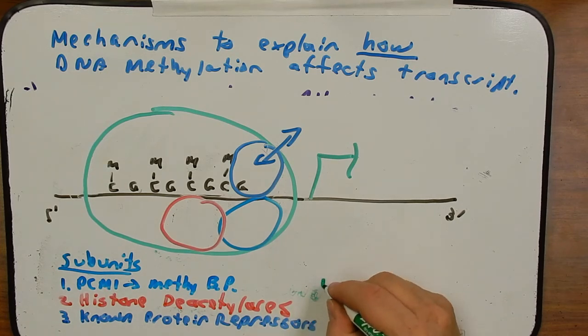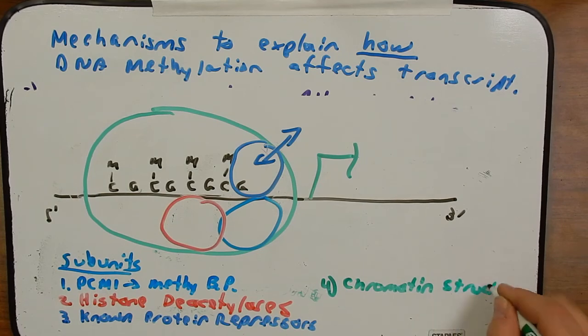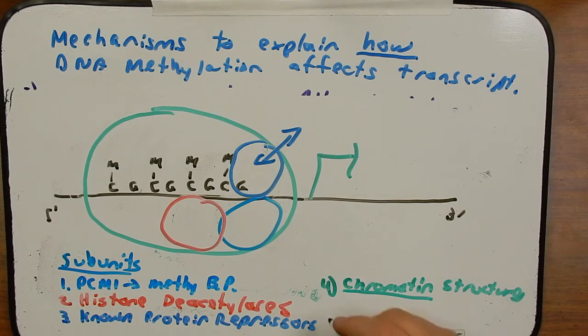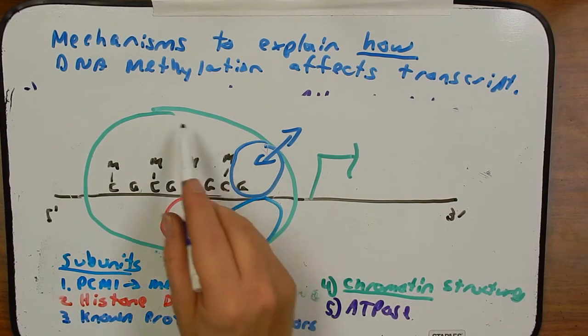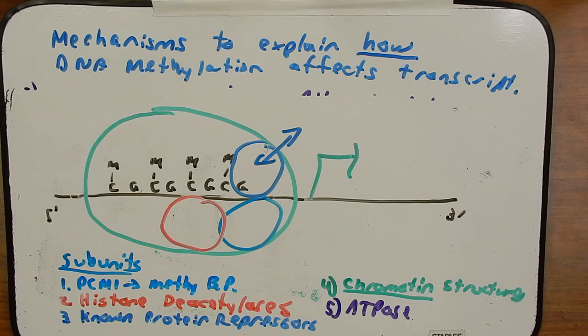There might be chromatin structure proteins that help, when they bind here, maintain this ordered chromatin, which will maintain the repressed state. Another one I want to talk about is ATPase. It's not uncommon to have an ATPase as one of the subunits of this large complex to help provide energy that might be necessary to maintain this chromatin structure, to maintain the histone deacetylase's ability to maintain the histones on the nucleosome. So that's often a common protein.